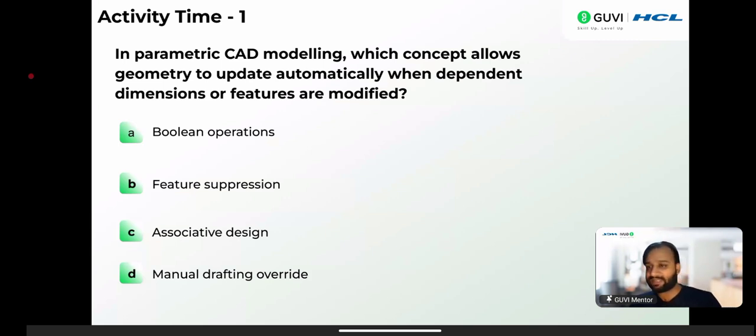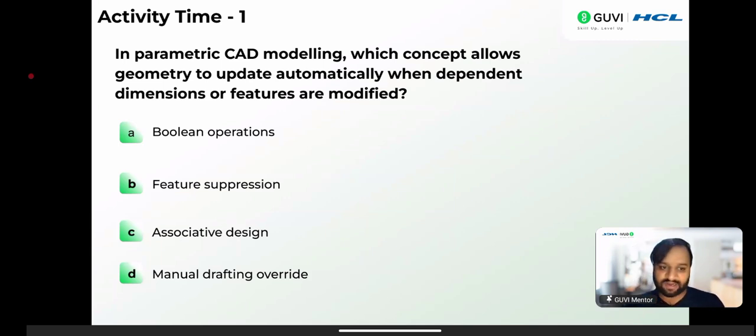So basically, in parametric CAD modeling, before creating a model, we declare all the values in the parametric CAD modeling box. In that box, we declare what radius we are going to use, what the length, what the breadth, the angles, drafting angle, what the thickness will be, all the things, and then we start designing.